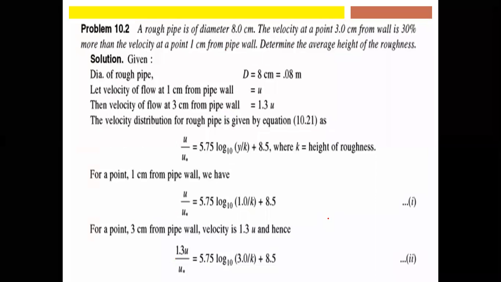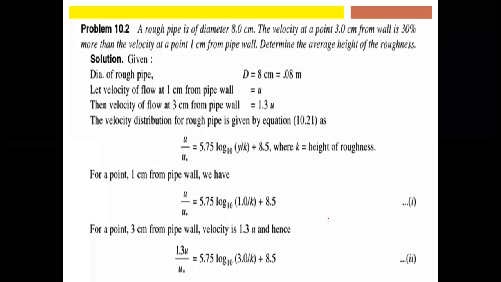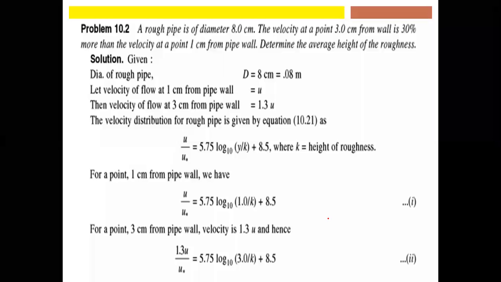Next problem. A round pipe of diameter 8 centimeter. The velocity at the point 3 centimeters from a wall is 30% more than the velocity at a point 1 centimeter from the pipe wall.